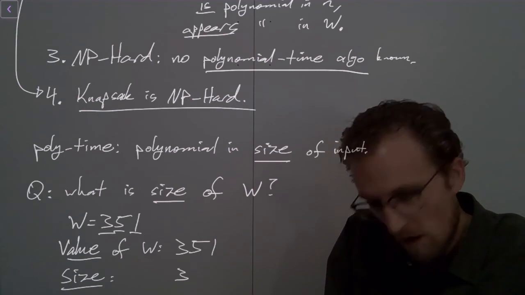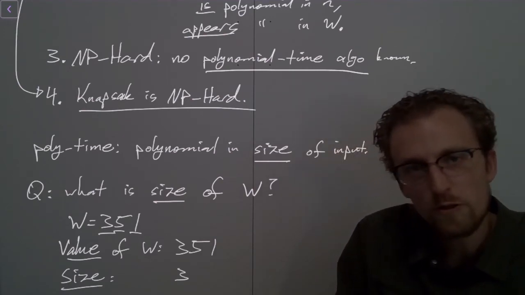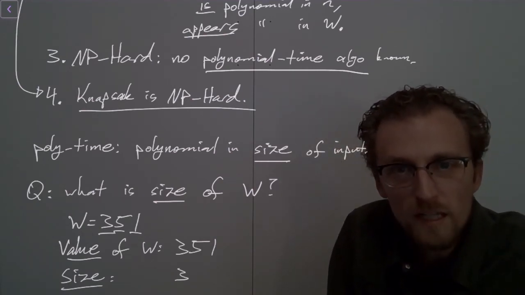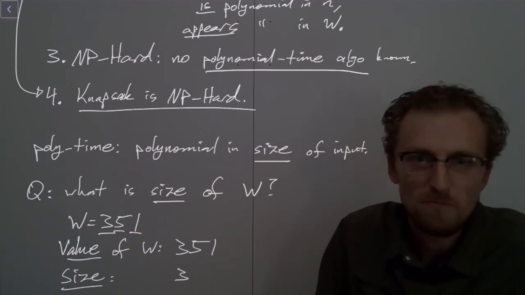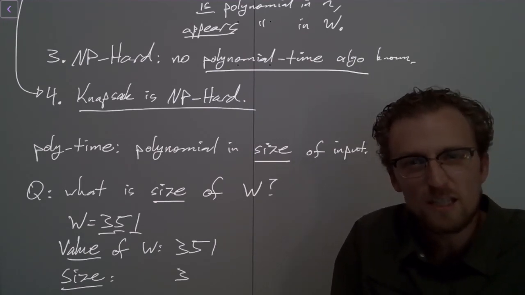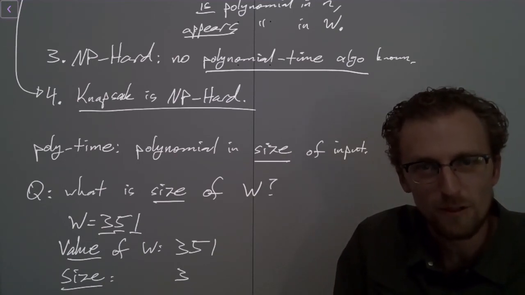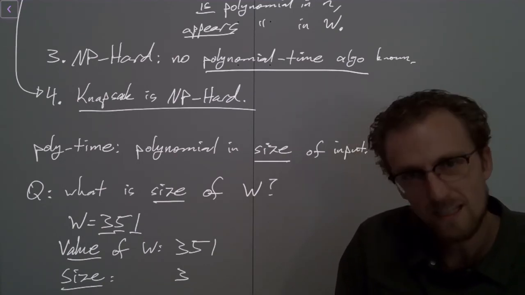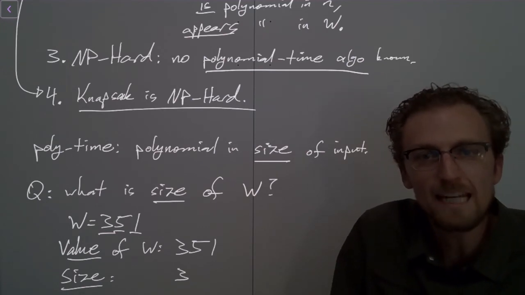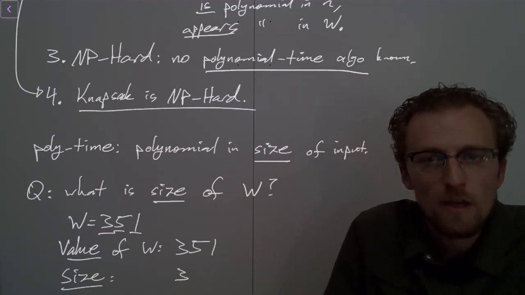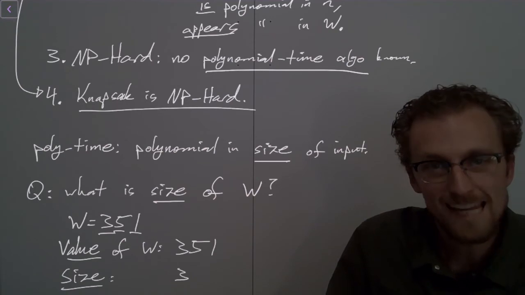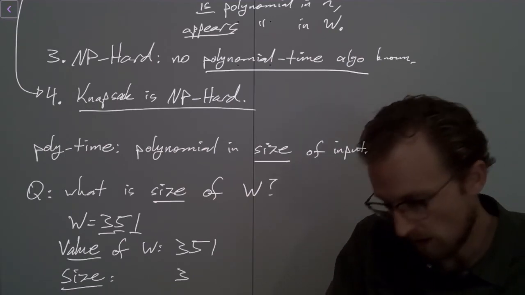If I write the number 351, what is the size of that? Well, it's 3. So it's logarithmically related to the value of W. 3 is related to the logarithm base 10 of the value of W.